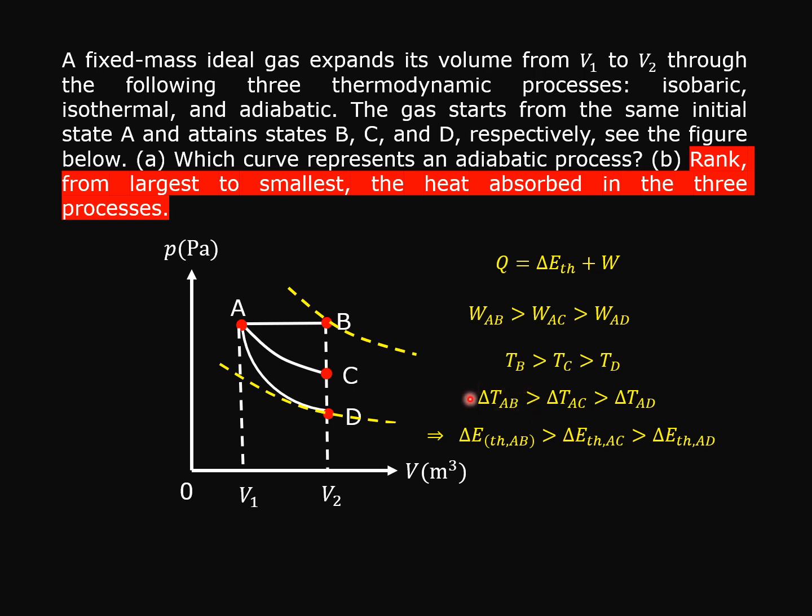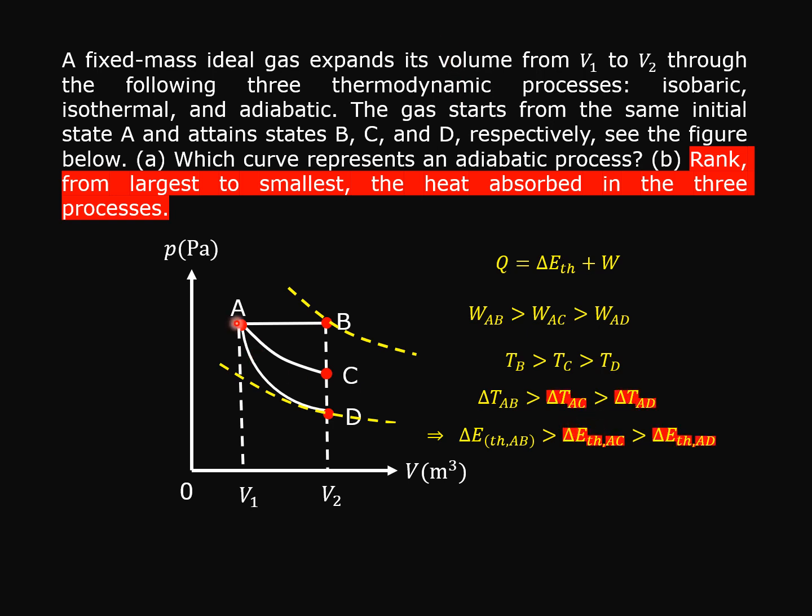Since the temperature change for process AB is the largest, the internal energy change for process AB must also be the largest, followed by the internal energy change for process AC, and the smallest one is the internal energy change for process AD, following the same sequence as the change of temperature.